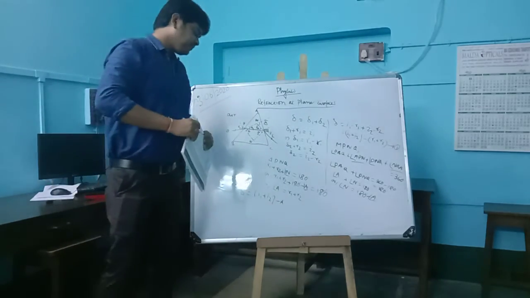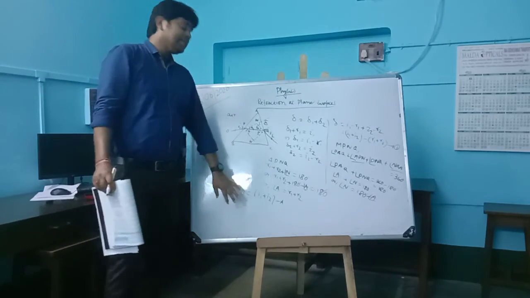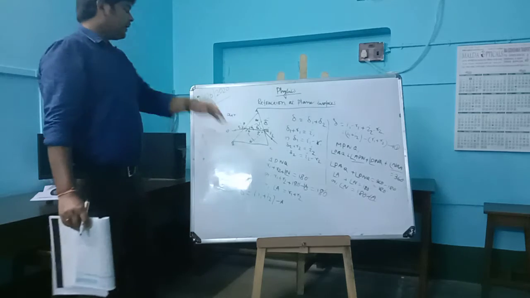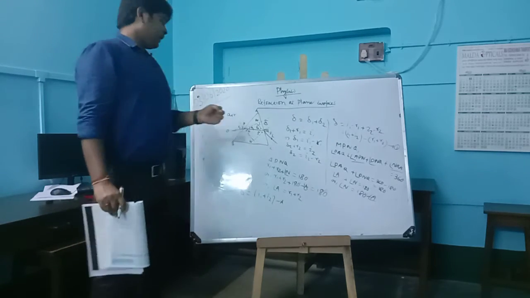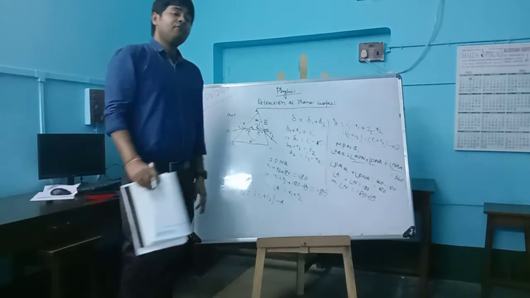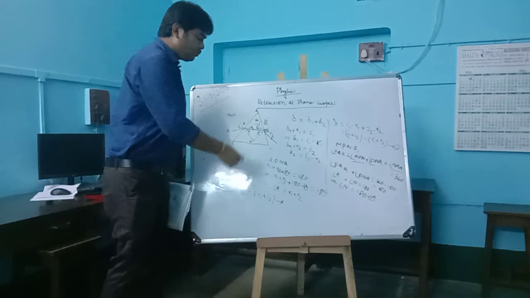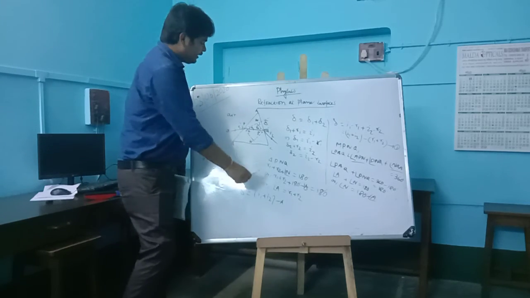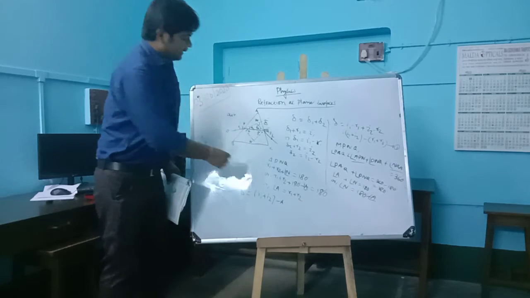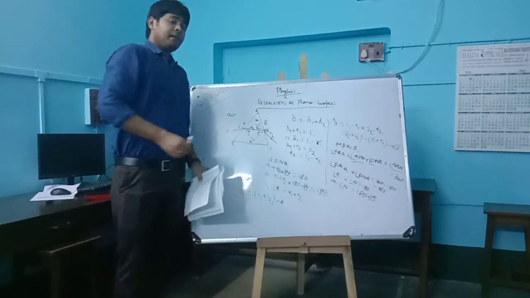So from this, we can say that delta is the angle of deviation for a prism. Look at this equation: delta is equal to I1 plus I2 minus A, where I1 is the incident angle, I2 is the emergent angle, and A is the angle of the prism.